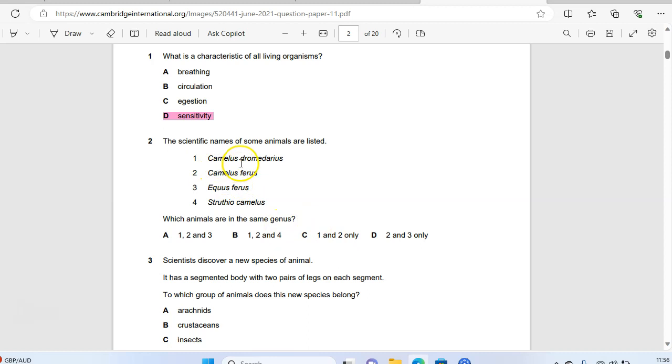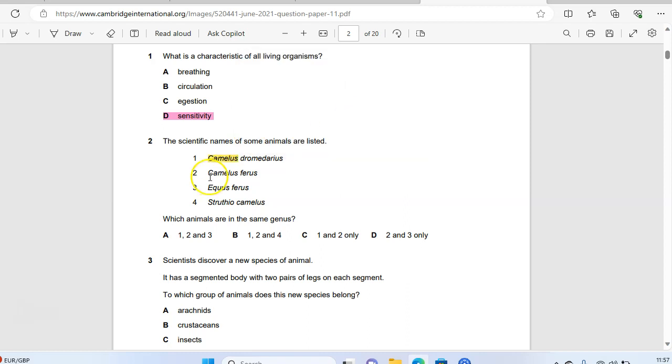Camelus dromedarius, Equus ferus, Camelus ferus, and Struthio camelus. So the genus name is Camelus.